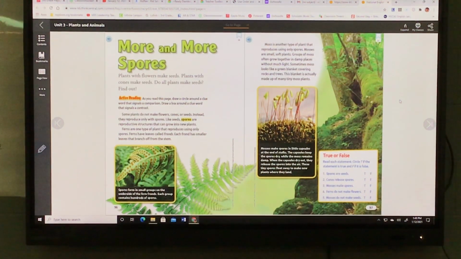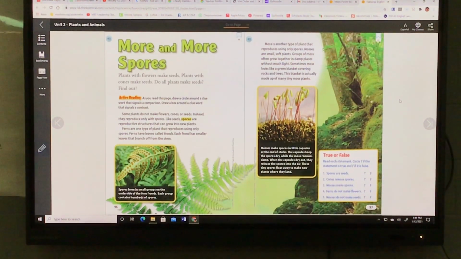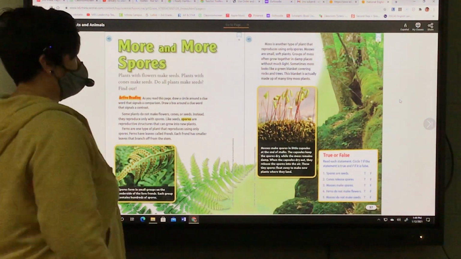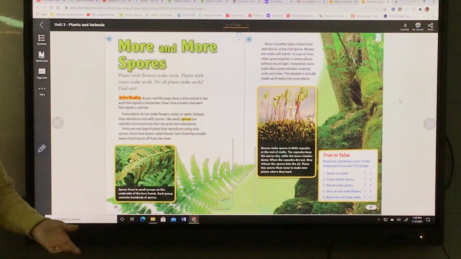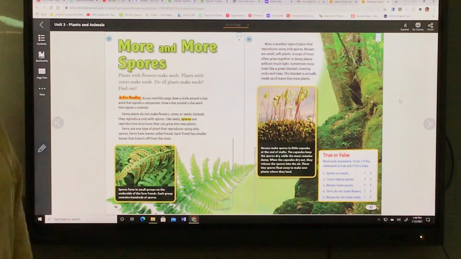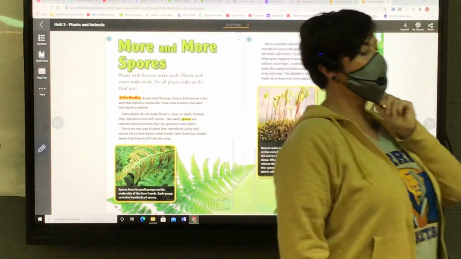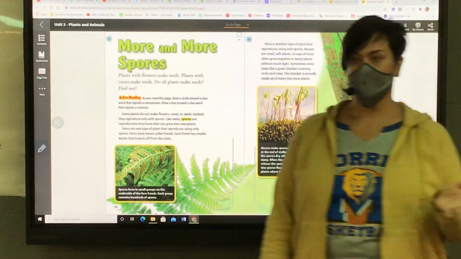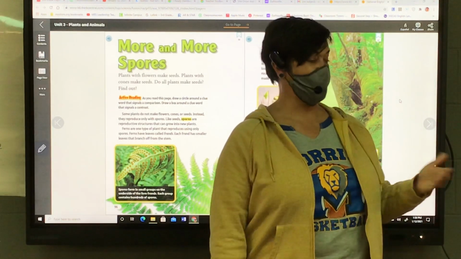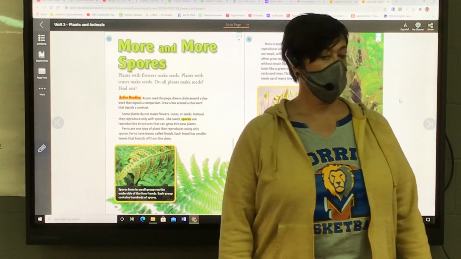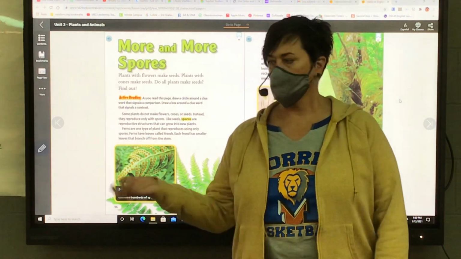Okay, so looking at our science, we've been talking about plant life cycles, which is what we're going to continue to do. But last week when we were talking about plants, we had discussed plants that started as a seed or as, what else?